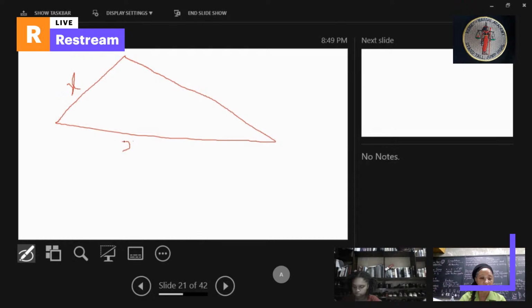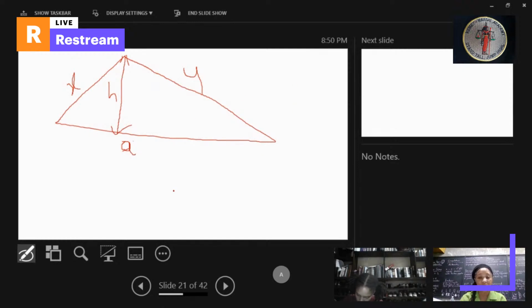Let's put A, that's X, that's A. So you know the base. Even if you know that, you couldn't use half base times height for that. But if they give you the perpendicular height, you can use half base times height. So it doesn't have to be a right angle triangle. Any other kind of triangle, scalene, isosceles, equilateral, once they give you the perpendicular height and you know the base, you can use it.